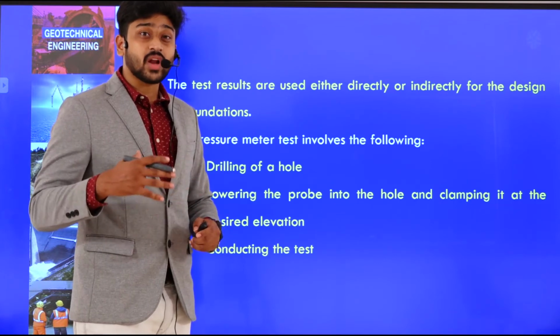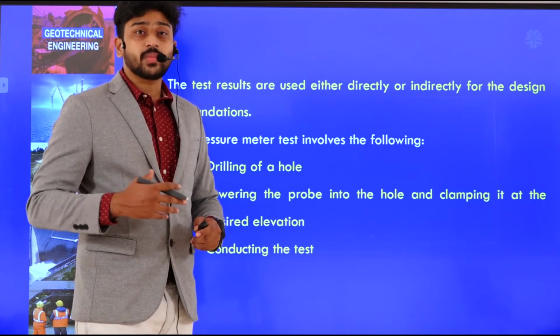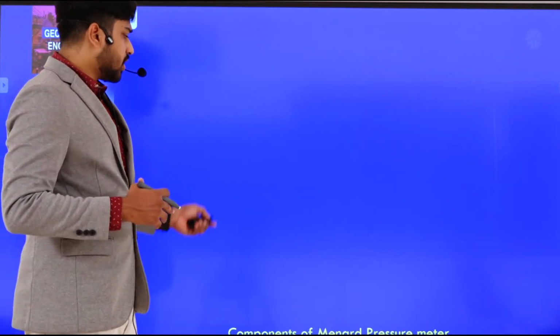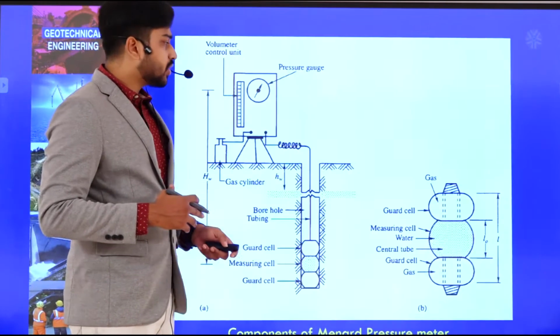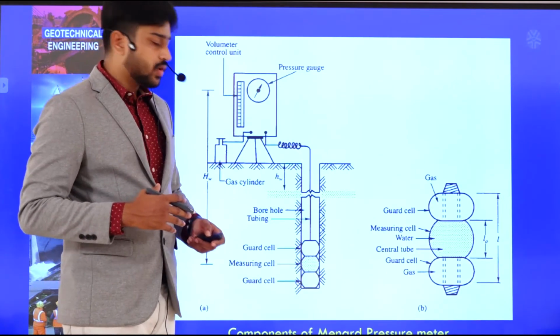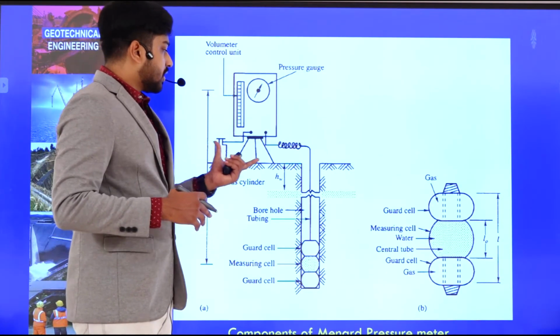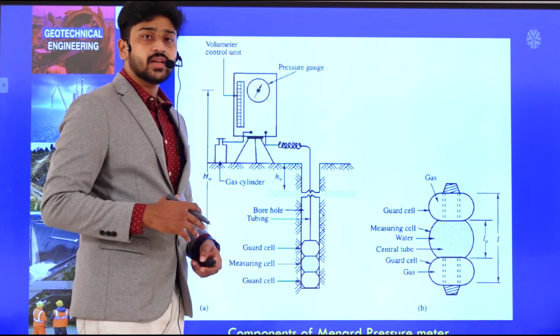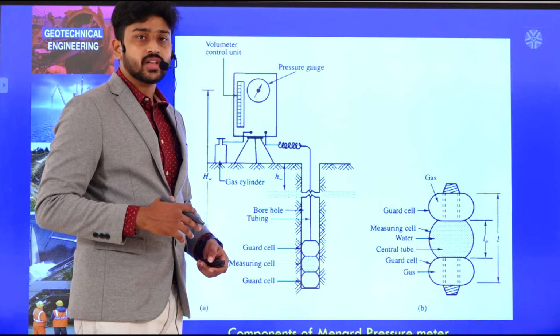We will try to understand how the process of this experimentation takes place in more detail. Okay, let us now look at the apparatus here. If you look at this particular diagram, this is the ground level, and on this ground level there is a small probe sort of arrangement.